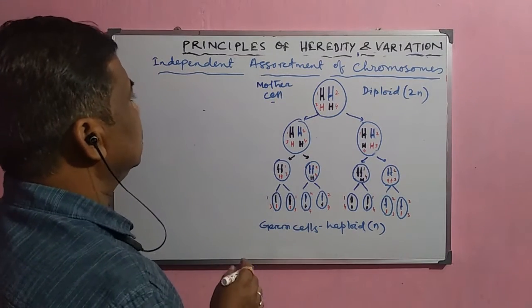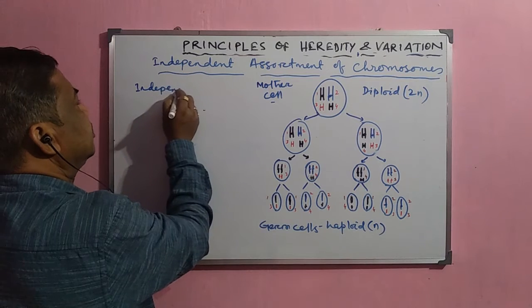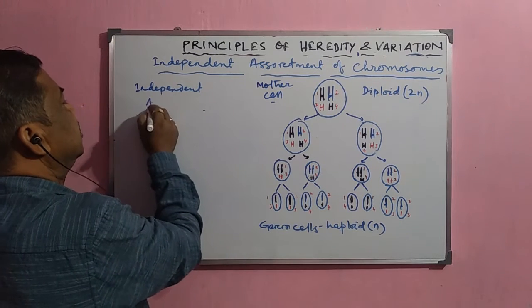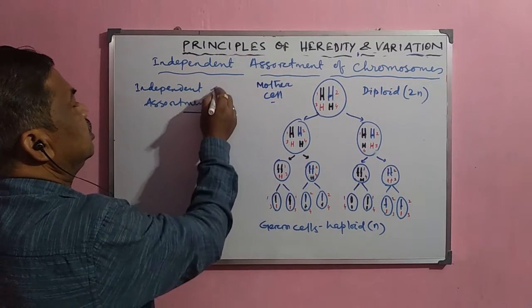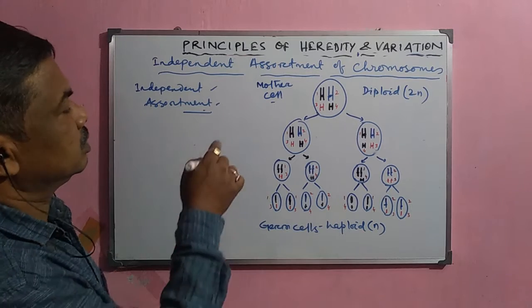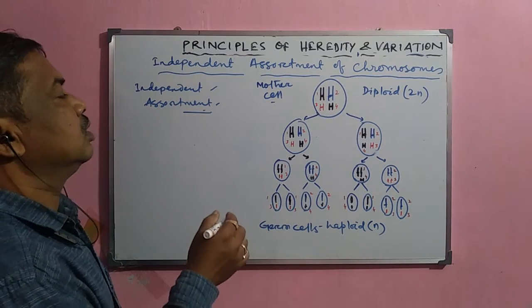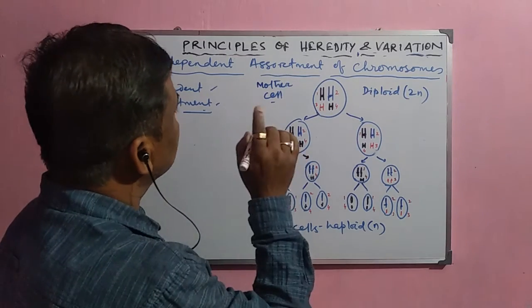According to Mendel, the independent assortment of the pair of chromosomes, or you can say the pair of factors, here we can explain it in the form of the chromosomes.